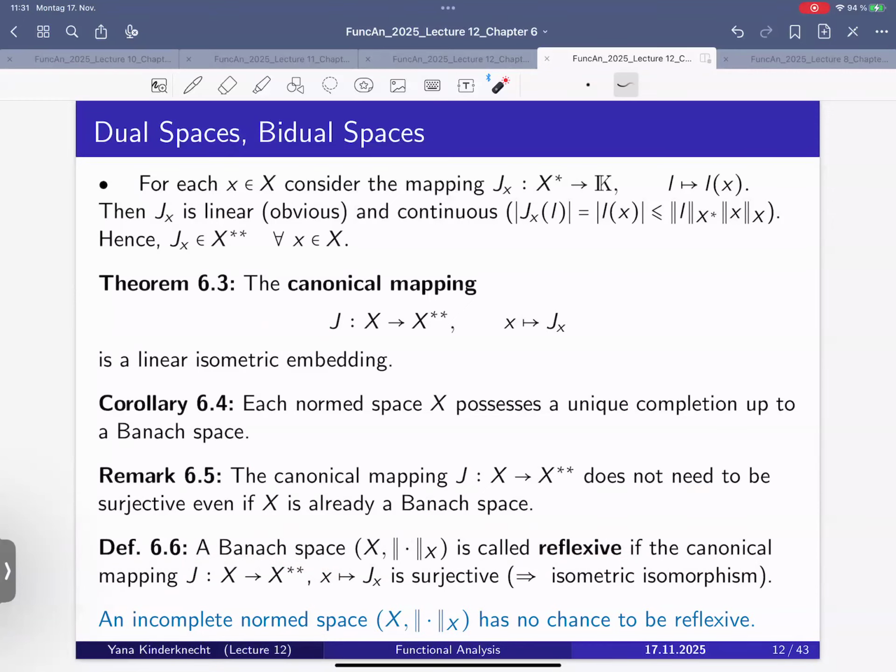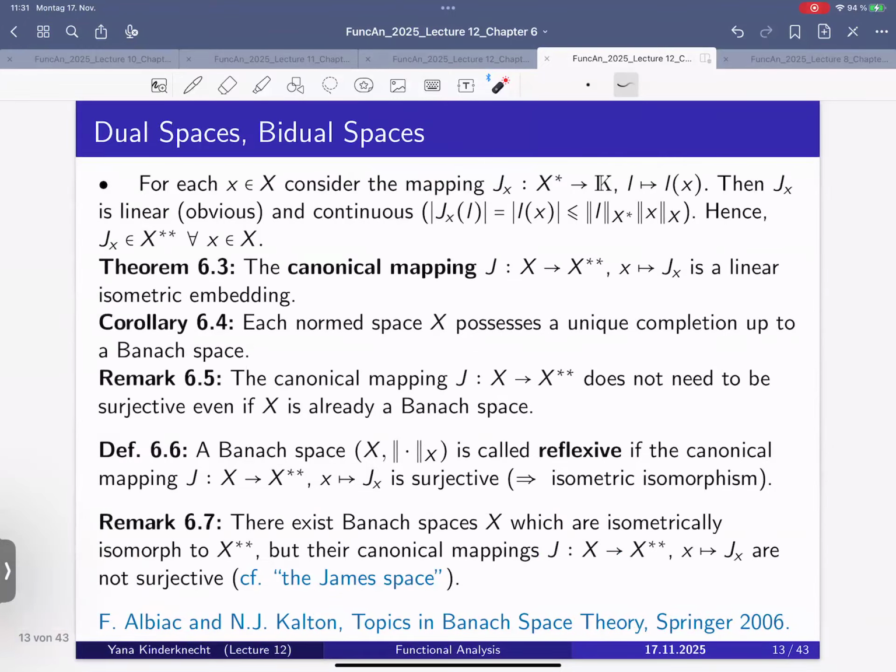So, one more remark. There exist Banach spaces X which are isometrically isomorphic to X double stars, so to its bidual, but with the use of some other isometric isomorphisms. But it may happen that the canonical mapping, exactly this mapping, is not surjective.